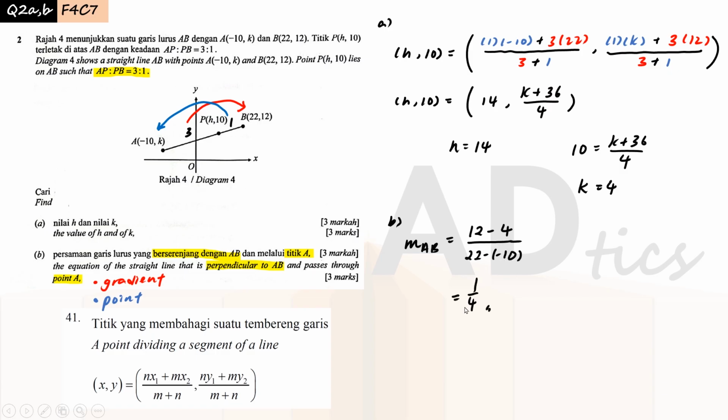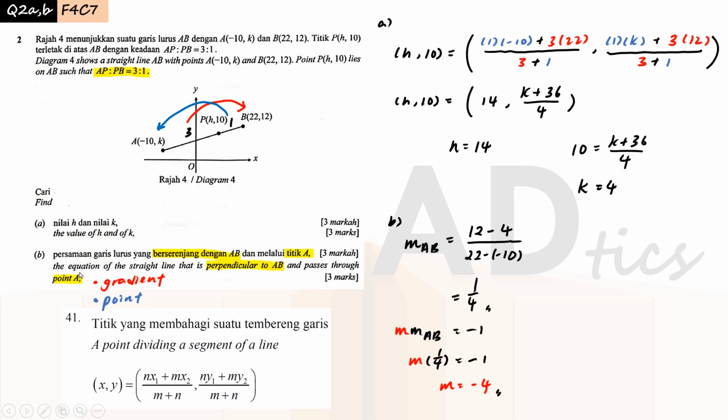Then I simplify to get 1 over 4, and here it says perpendicular, so we need to use this formula, which is that the multiplication of the gradients of two perpendicular lines is equal to -1. So this 1 over 4 goes inside here, and I find the value of m, which is -4. The second thing we need is the point.